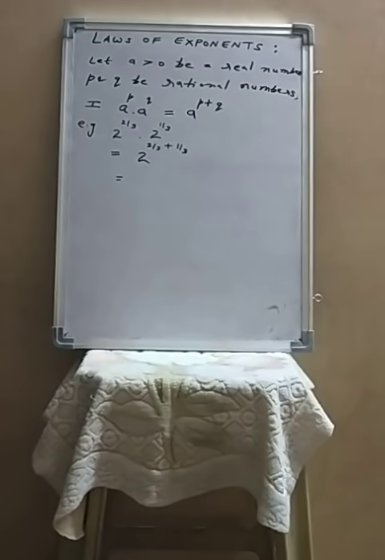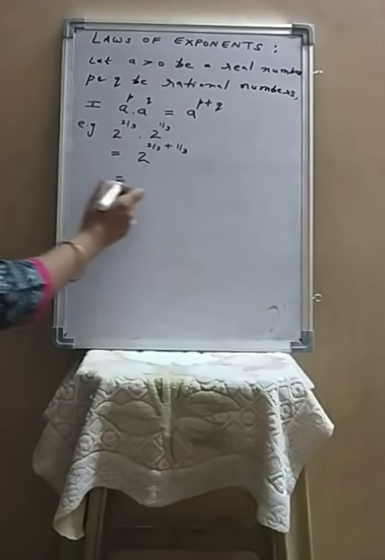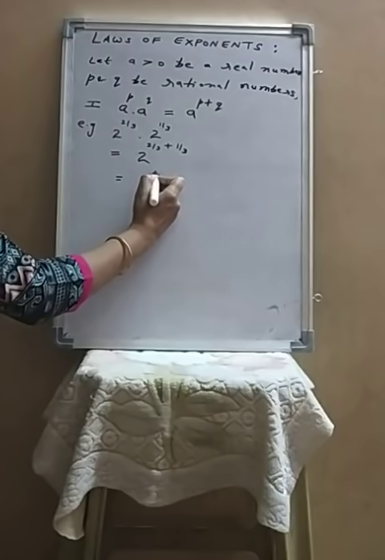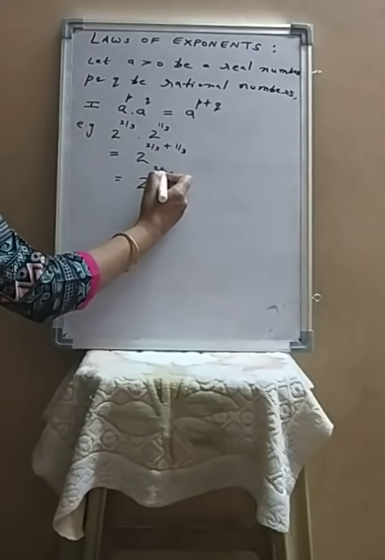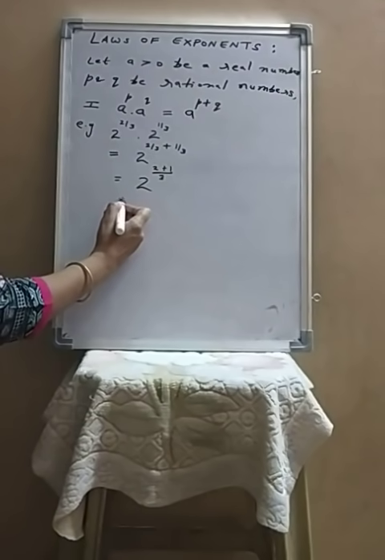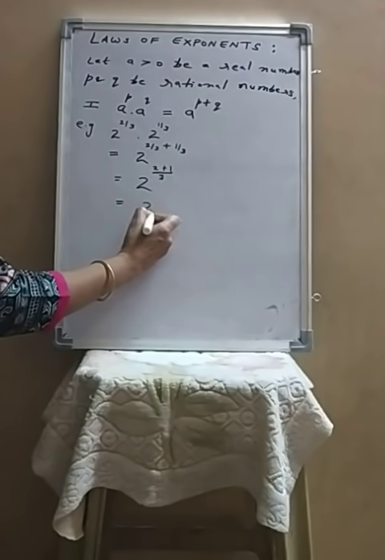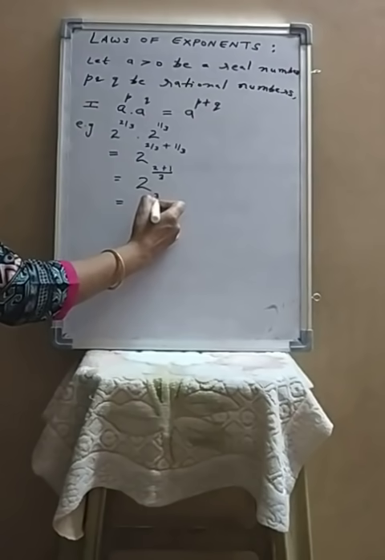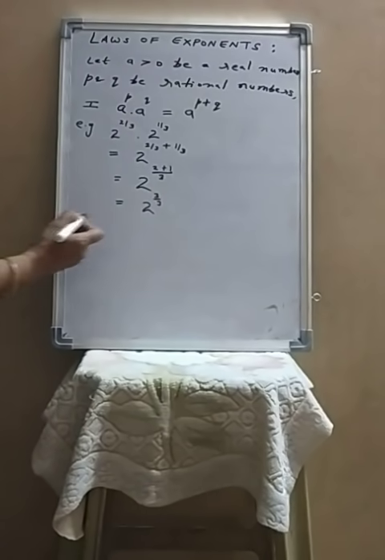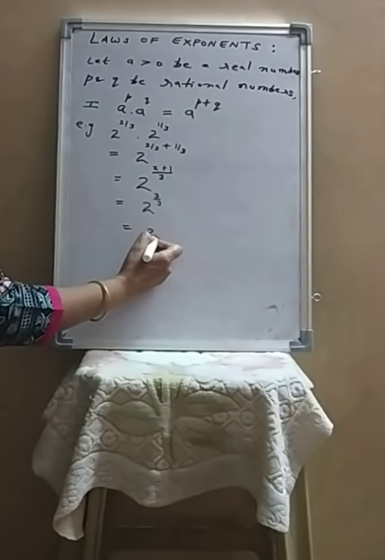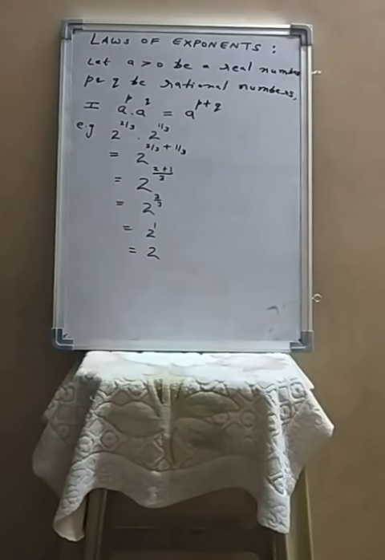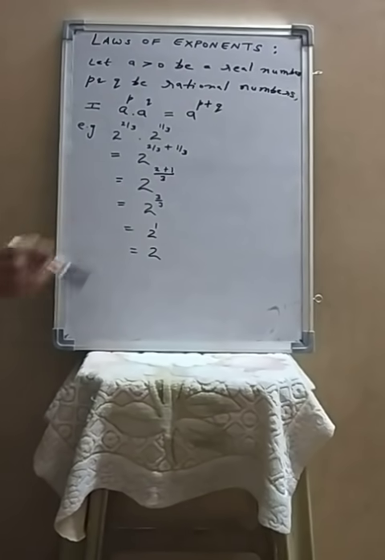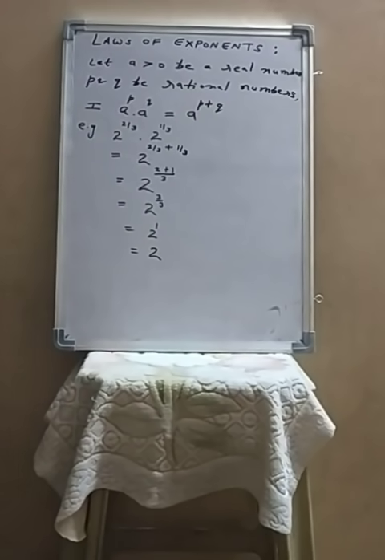Because the powers are now rational numbers, obviously you need to take LCM to solve them. 3 is the LCM here. This is 2 plus 1, which is equal to 2 raised to power 3 by 3, which is equal to 2 raised to power 1 or simply 2. So you can see that by using this law, I have simplified this question.